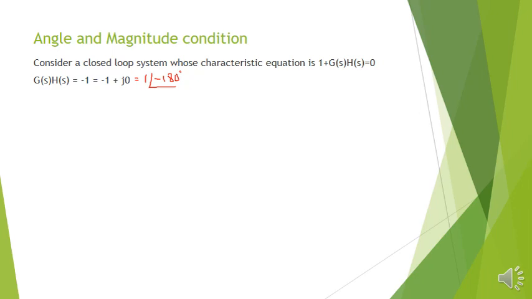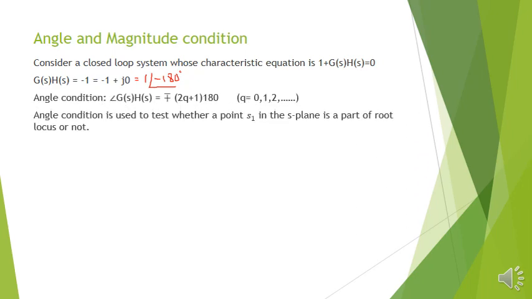That is what the angle condition and magnitude condition say. Based on the angle condition, the angle of g of s h of s equals plus or minus (2q plus 1) into 180 degrees, meaning it should be an odd multiple of 180 degrees.